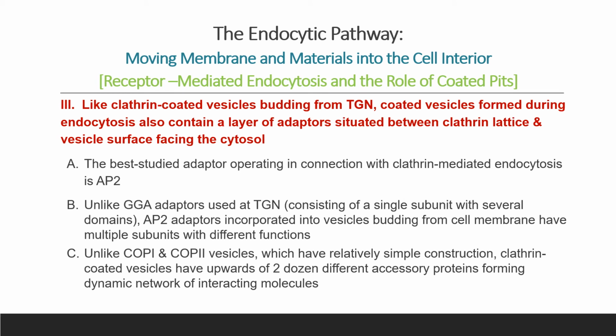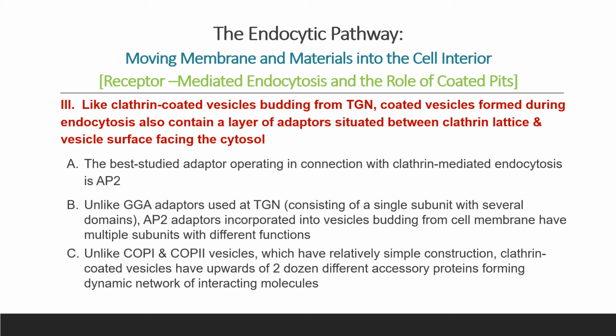So, like clathrin-coated vesicles budding from the TGN, coated vesicles formed during endocytosis also contain a layer of adaptors situated between the clathrin lattice and the vesicle surface facing the cytosol. The best studied adaptor operating in clathrin-mediated endocytosis is AP2. Unlike GGA adaptors used at the TGN, AP2 adaptors incorporated into vesicles budding from the cell membrane have multiple subunits with different functions.